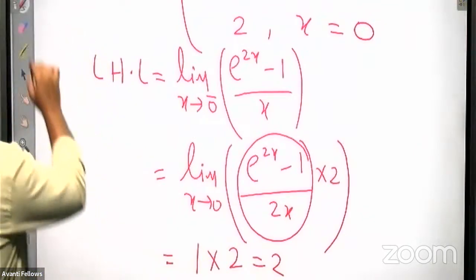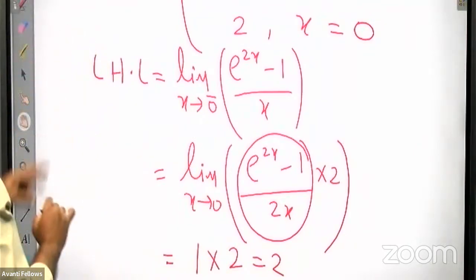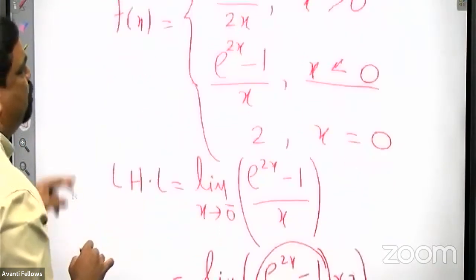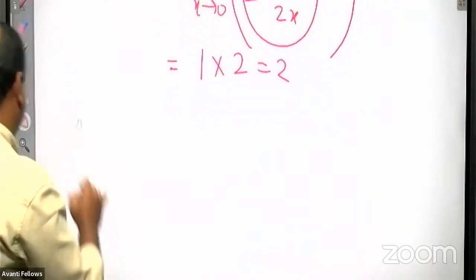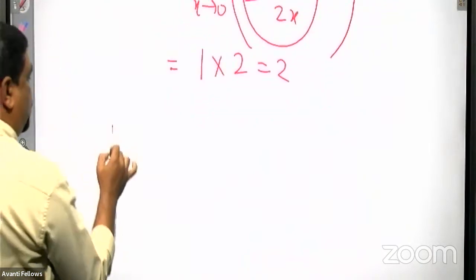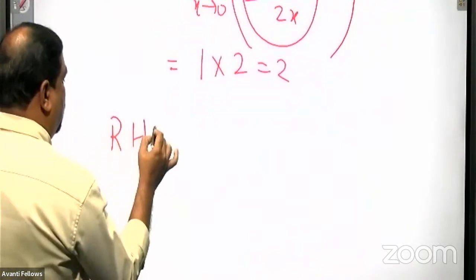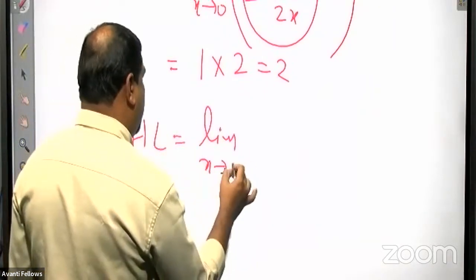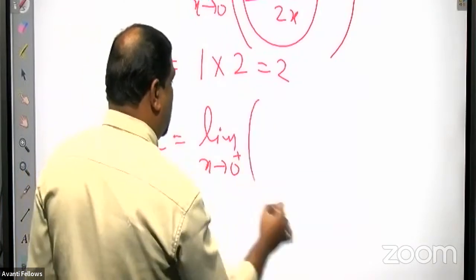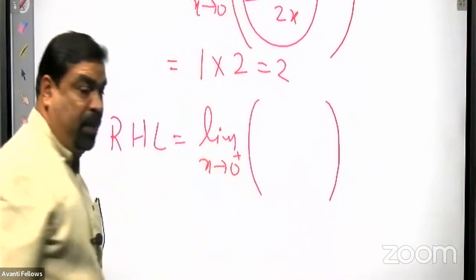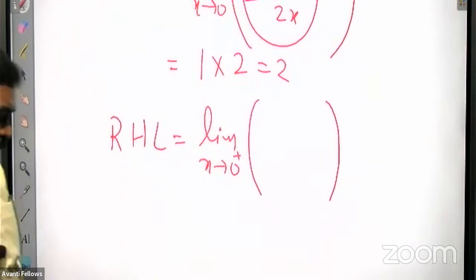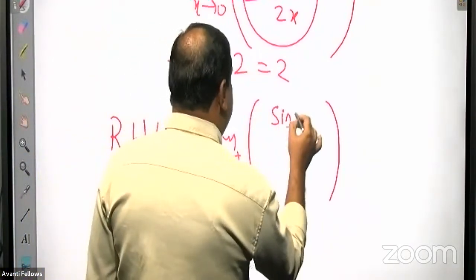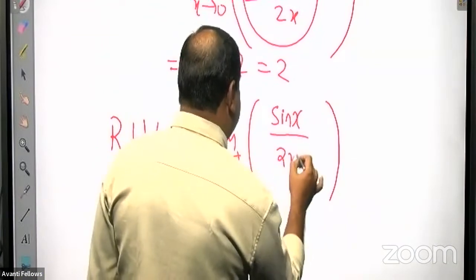Similarly, find the RHL. For RHL, the function is sin x divided by 2x. So limit as x tends to 0 plus, x approaching 0 from the right side, which means greater than 0, the function is sin x divided by 2x.